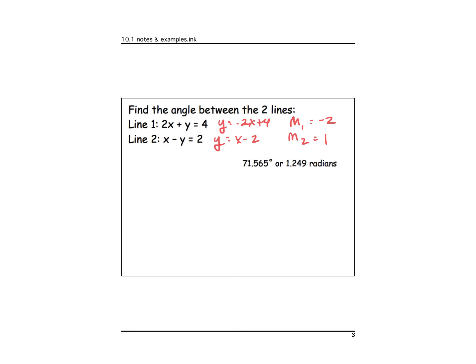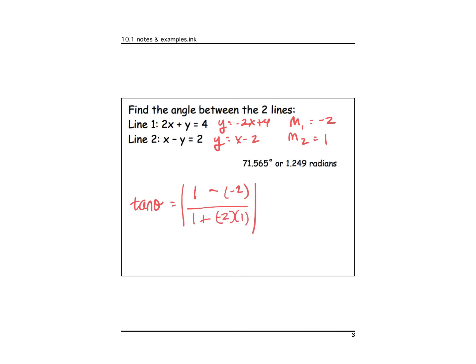Now we just take our m's and plug them into the fact that tan theta, because it's the difference of two thetas, is equal to m2, 1, minus m1, negative 2, divided by 1 plus m1 times m2. So negative 2 times 1.